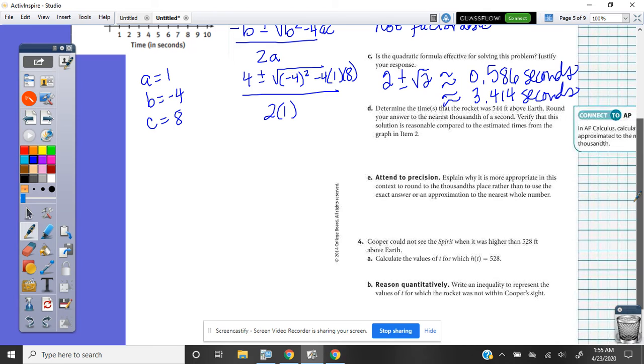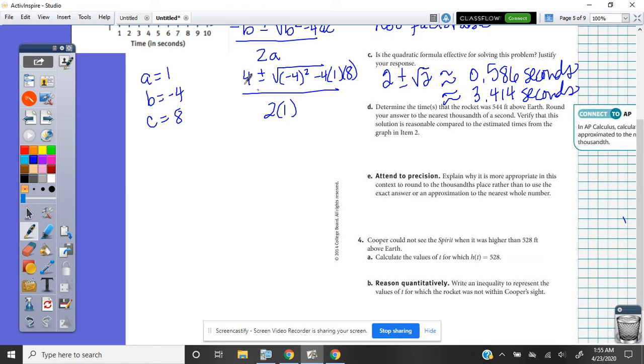Okay, so number 4 is asking you to do the same thing, except you set it equal to 528. So subtract the 528.